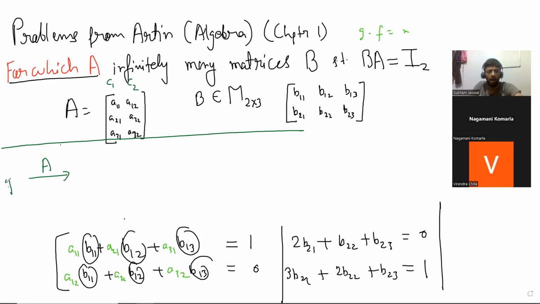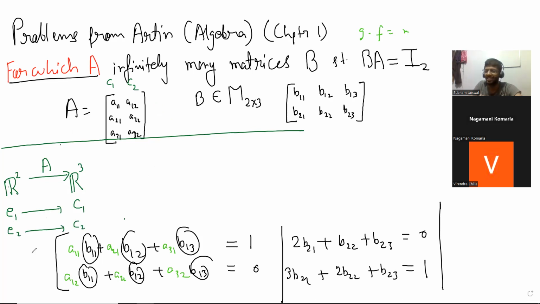R2 to R3, correct? Because if you give this matrix a vector in R2, it returns a vector in R3. That is clear, right? And it sends E1 to the C1 that we have. E1 means (1, 0), and it sends E2 to C2.